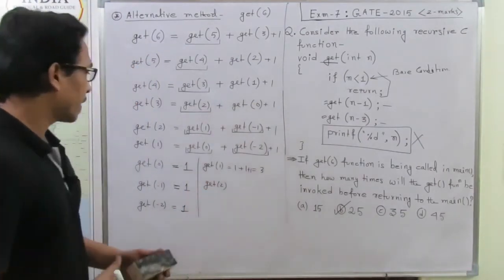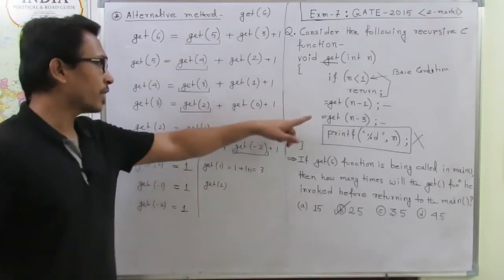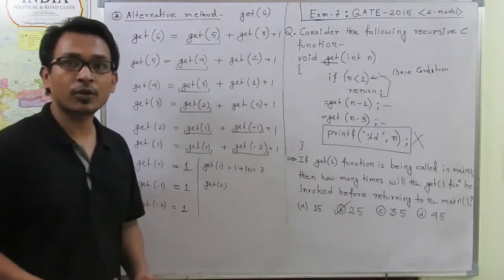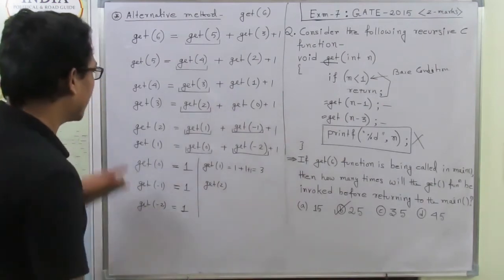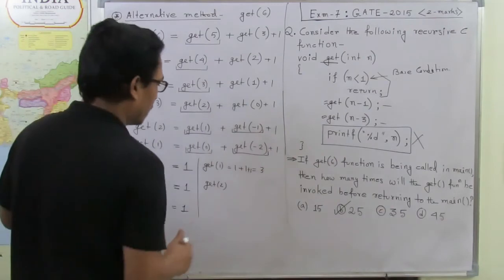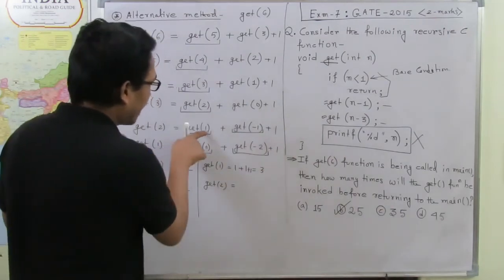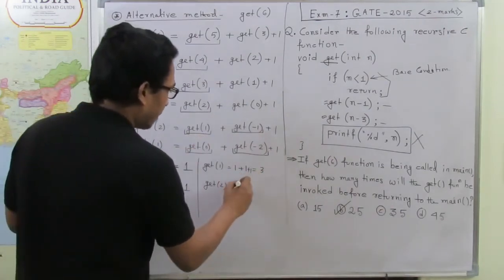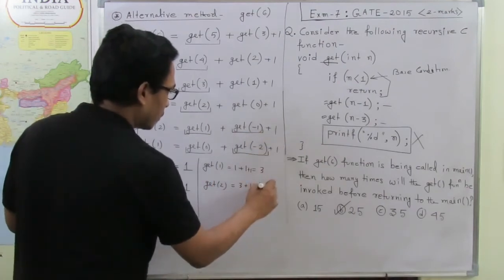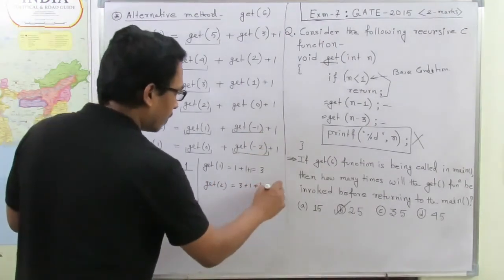Look, when we invoke this function get with parameter 2, how many get functions will be invoked in total? That depends on get for 1, get for minus 1 plus 1. So get 1 is 3 plus get minus 1 is 1 plus 1. So we will get a total of 5.